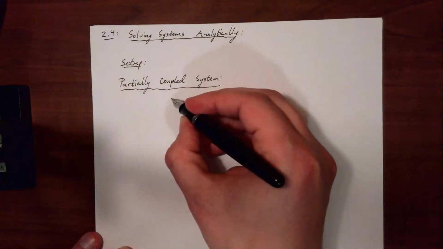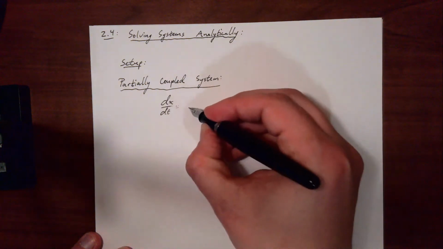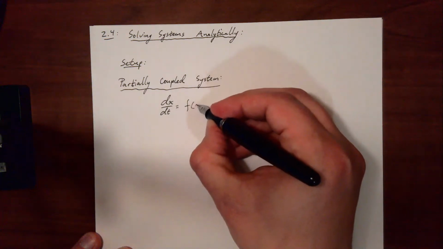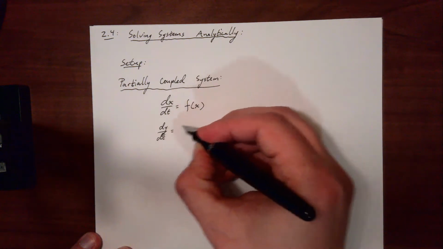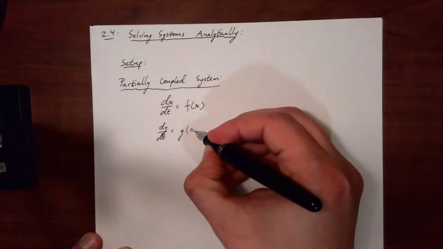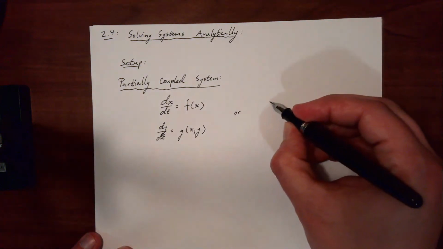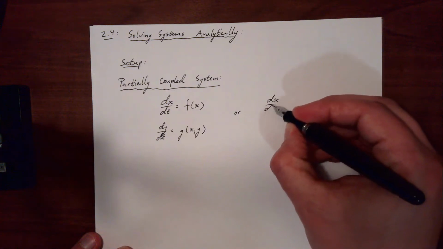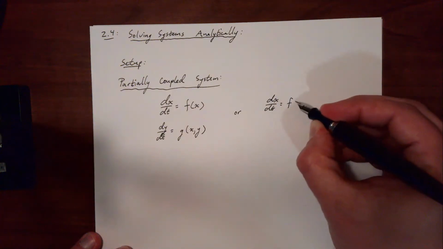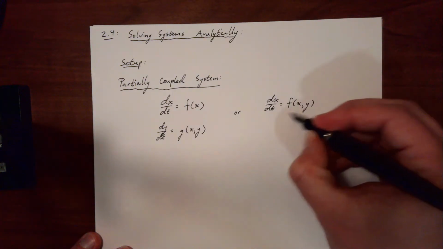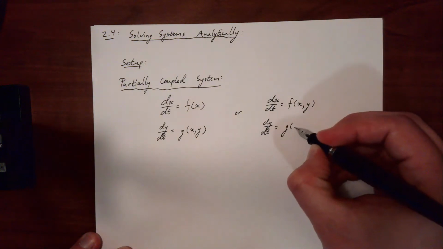So basically the setup here is dx/dt is just going to be equal to some function of x, whereas dy/dt is going to be a function of x and y. Or perhaps it's the other way around. Maybe dx/dt is equal to f of x comma y, and then dy/dt is just going to equal g of y.